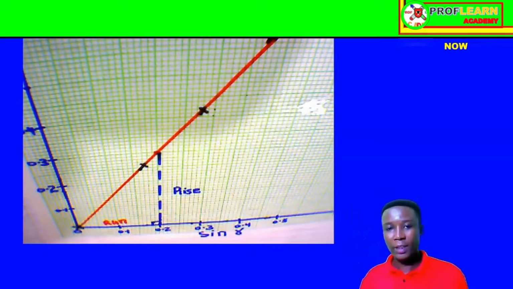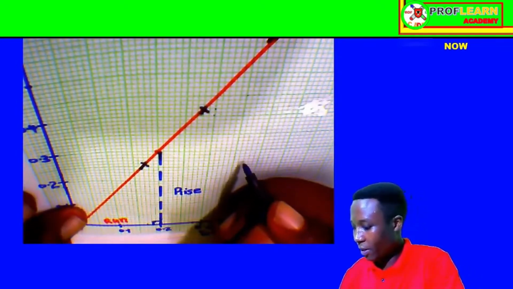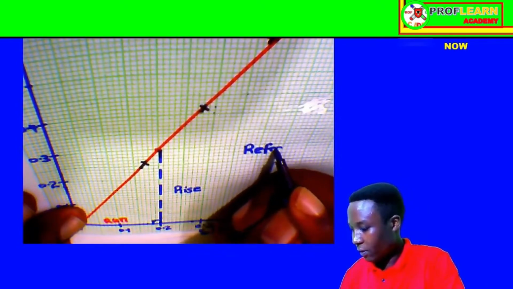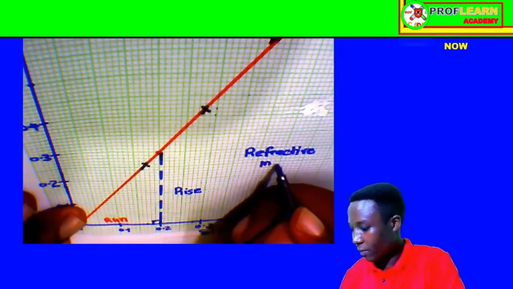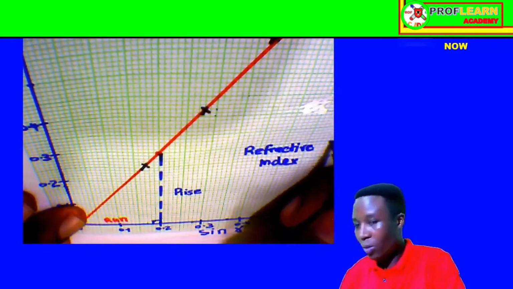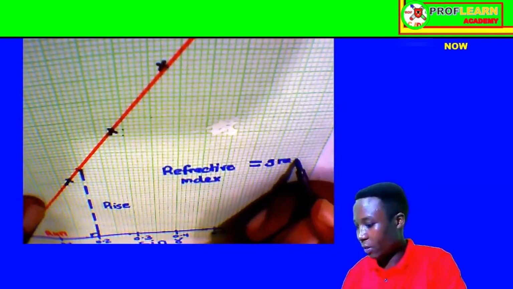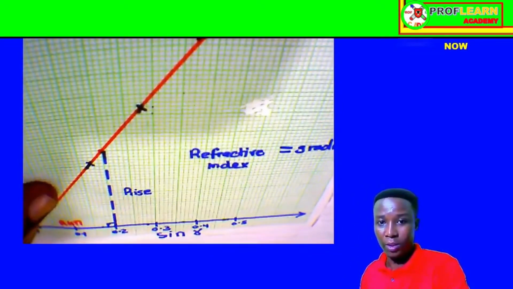Now from this I can work out the gradient, because I'll say refractive index equals the gradient. That's the concept we're going to use here.